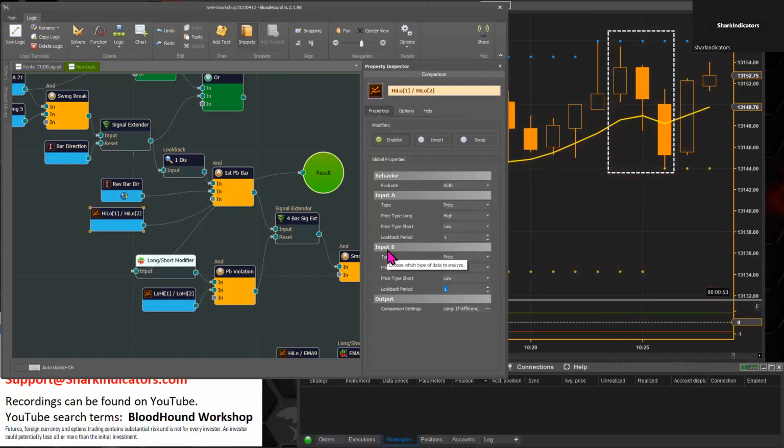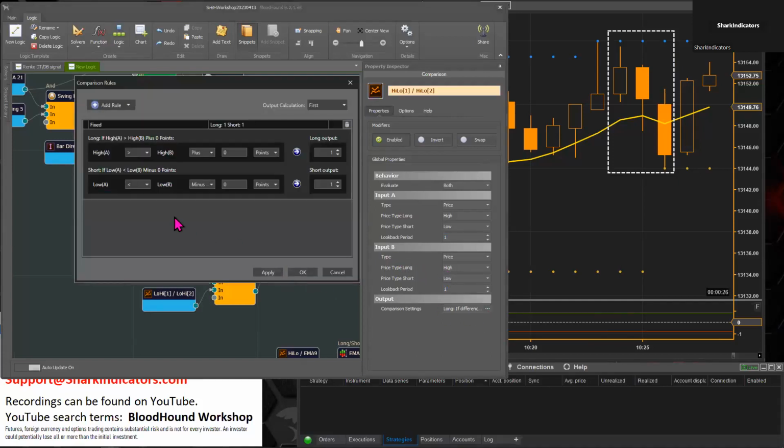Input B is going to be the previous bar. So for a long setup, we're looking for a lower high. So we want input A to be less than, or lower than, input B. So let's go into the rules window.